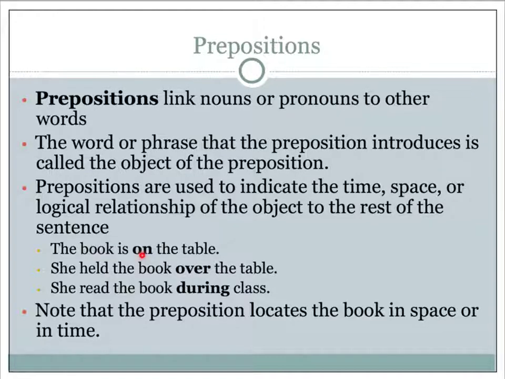She read the book during class. Note that the preposition locates the book in space or in time. So just think of these prepositions as being little words, not subjects, not verbs, that give additional information on the subject or a noun in the sentence.